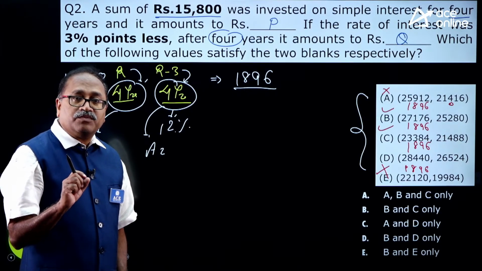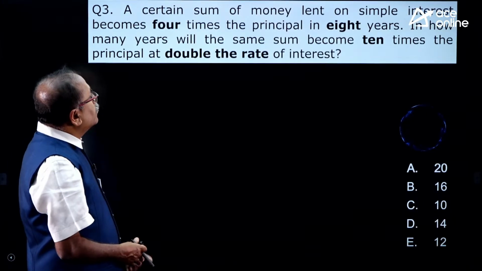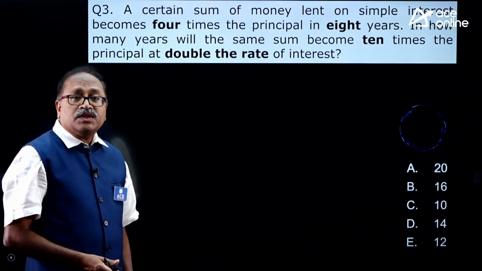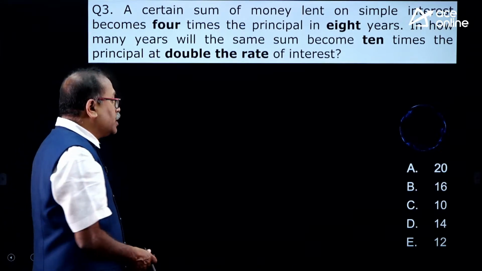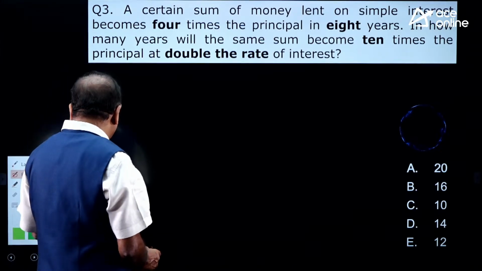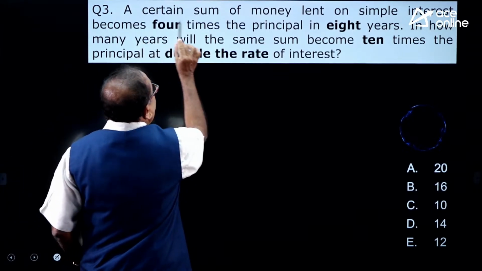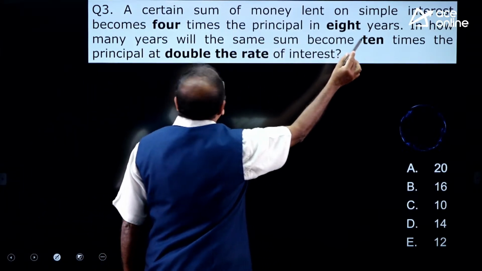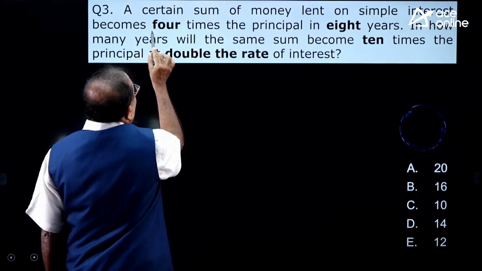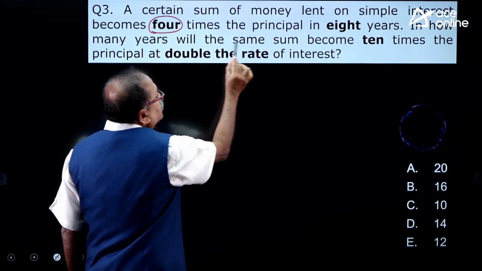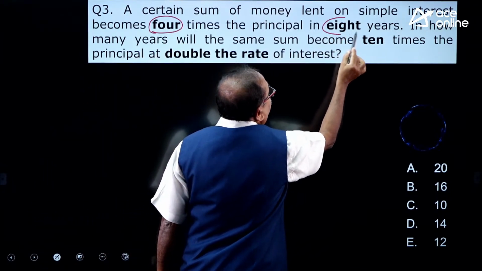The next question on the board is this. Look at this one. This is a very easy question if you know how to answer it. What is the question? A certain sum of money lent at simple interest becomes 4 times itself in 8 years.